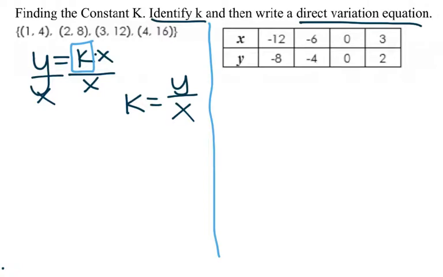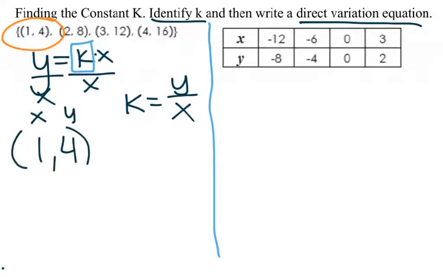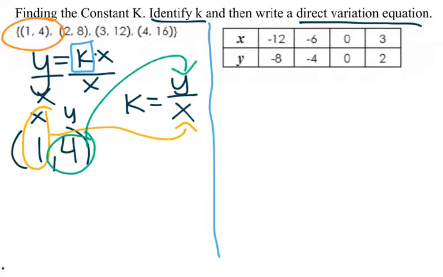All I have to do is choose one of these points. I'm going to do this one. So this is (1, 4). Remember, this is your x and your y coordinates. I'm going to take the x and plug it over here, and take the y and plug it right there.